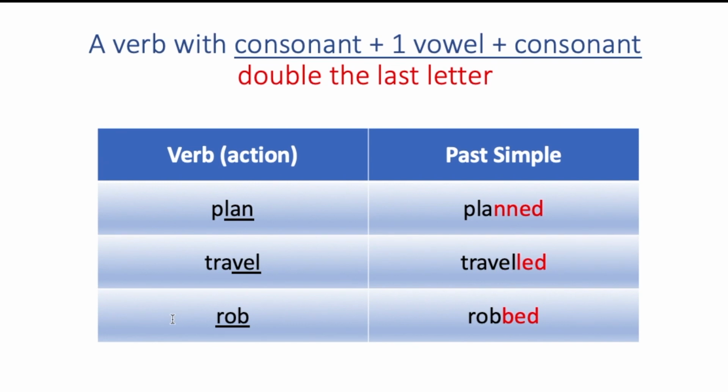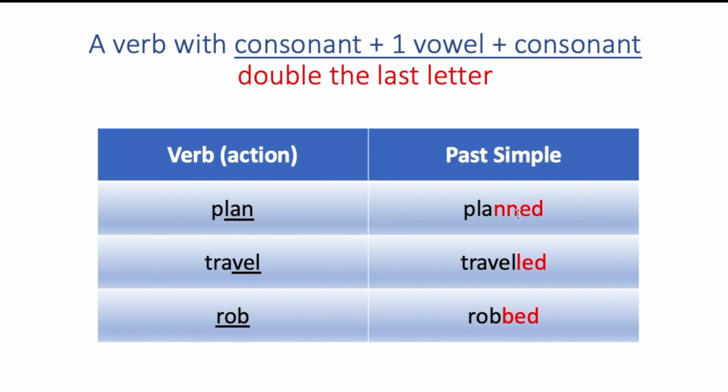Now, sometimes you have verbs where the last three letters are a consonant, vowel, and consonant. Okay, so the verb plan, P is a consonant, A is a vowel, N is a consonant. So consonant, vowel, consonant.